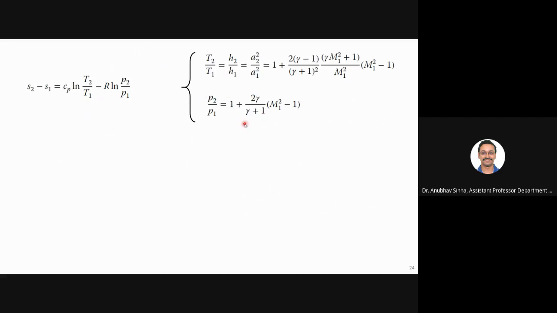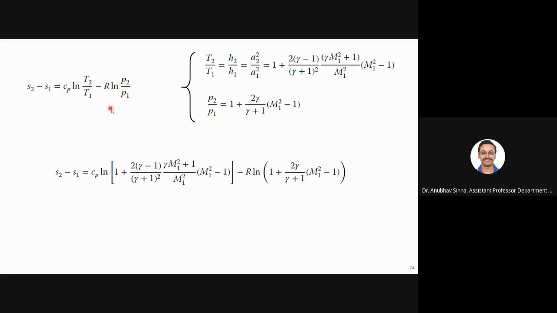Okay, so if we substitute here, we'll have a relation for delta S. So you see this, if you compare carefully, you can see that these are the same terms. T1 by T2, this is exactly what is shown in the bracket here. So this is T1 by T2 and this is P2 by P1. Same term is shown here. Okay, that's all. You just have to substitute here for finding delta S.